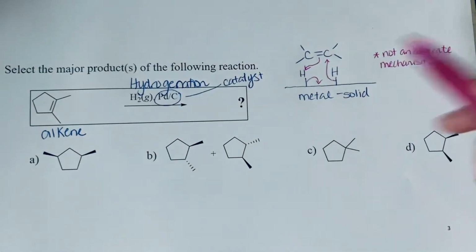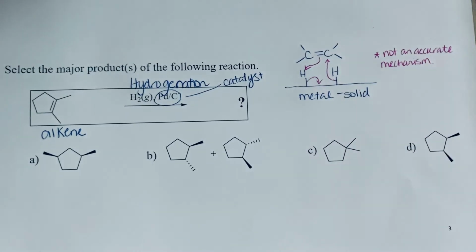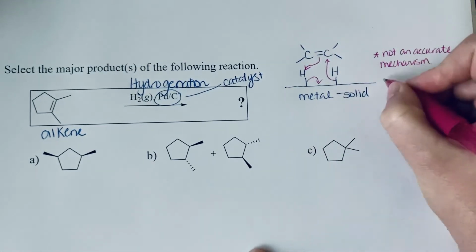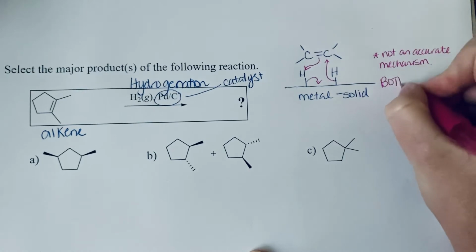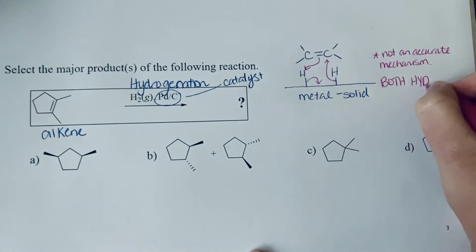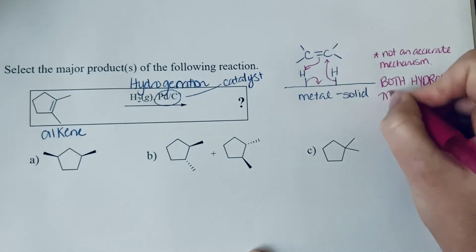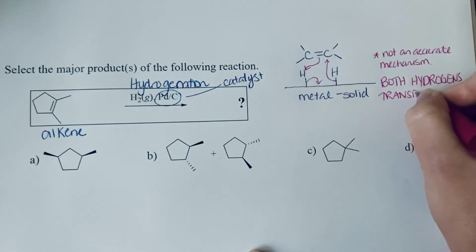Even though it's not quite accurate in terms of the curved arrows, we often see that with metal catalysts, we can't quite draw the same sort of reaction arrows that we do when we don't have a metal catalyst involved. But nonetheless, both hydrogens are transferred at the same time, and this is an important piece. Why that's important: it's concerted, which is what we call it in organic chemistry when things happen at the same time.